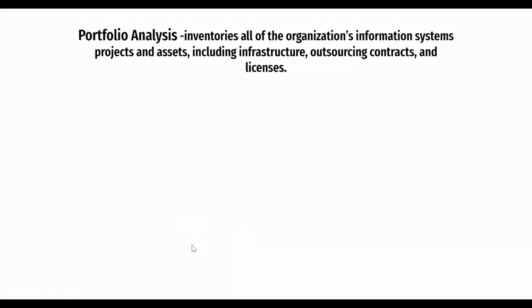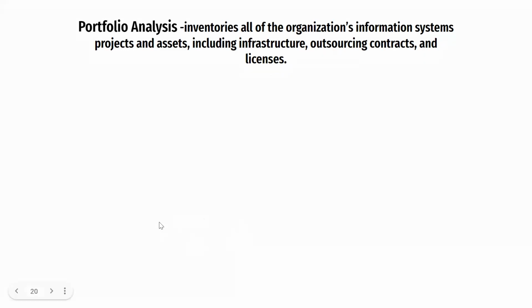So once strategic analyses have determined the overall direction of systems development, they can perform the portfolio analysis. Portfolio analysis inventories all of the organization's information systems, projects and assets, including infrastructure, outsourcing contracts, and licenses.